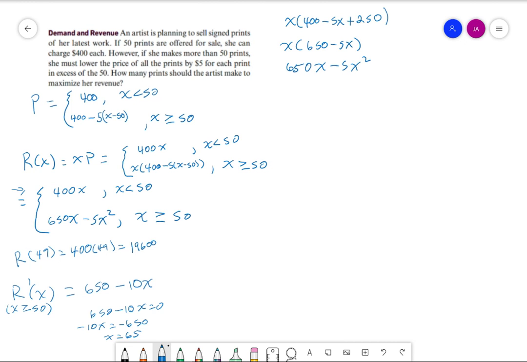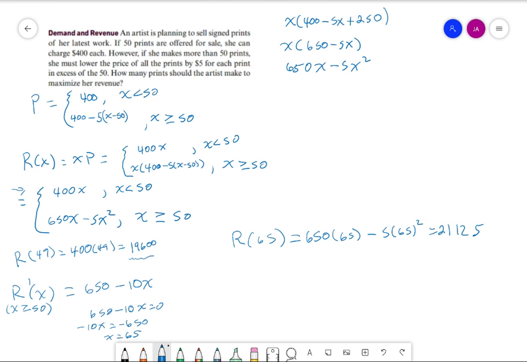Now, for comparison's sake, we need to go back to our revenue function, plug in that 65, and see what the actual revenue is to see which one's going to be bigger. And so let's go back to R of 65, and R of 65 here is going to give me 650 times 65 minus 5 times 65 squared, which I get to be 21,125.